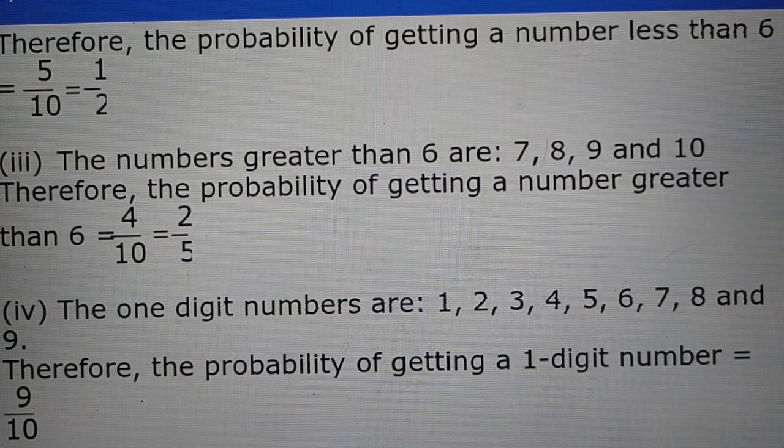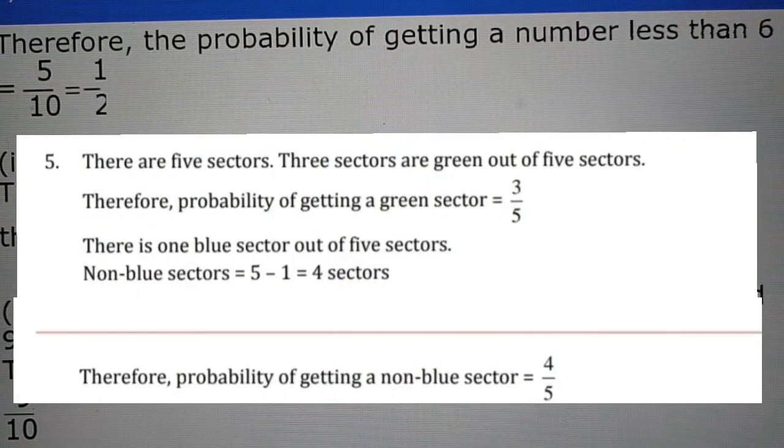Your answer is correct as 4 by 10. Next, the fourth one, one digit number. The one digit numbers are 1, 2, 3, 4, 5, 6 up to 9. So the favorable events are 9 and the total events are 10. So this is the method to write down the probabilities.